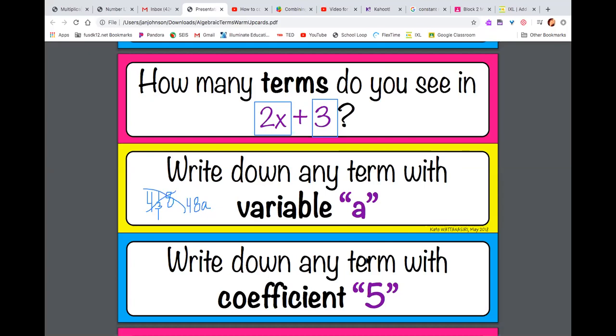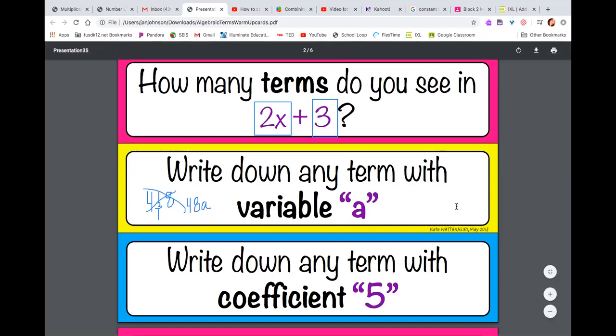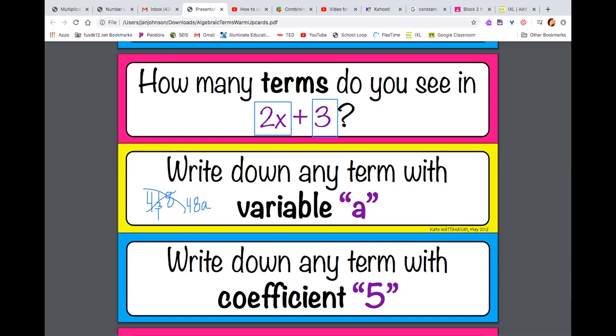And Evelyn, maybe you could help me with the next one. So write down any term with a coefficient of 5. So coefficient, that's the one where there's a number in front of a letter, right? So you guys have to come up with your own examples. And the coefficient has 5. So you could say 5y or 5n, okay?